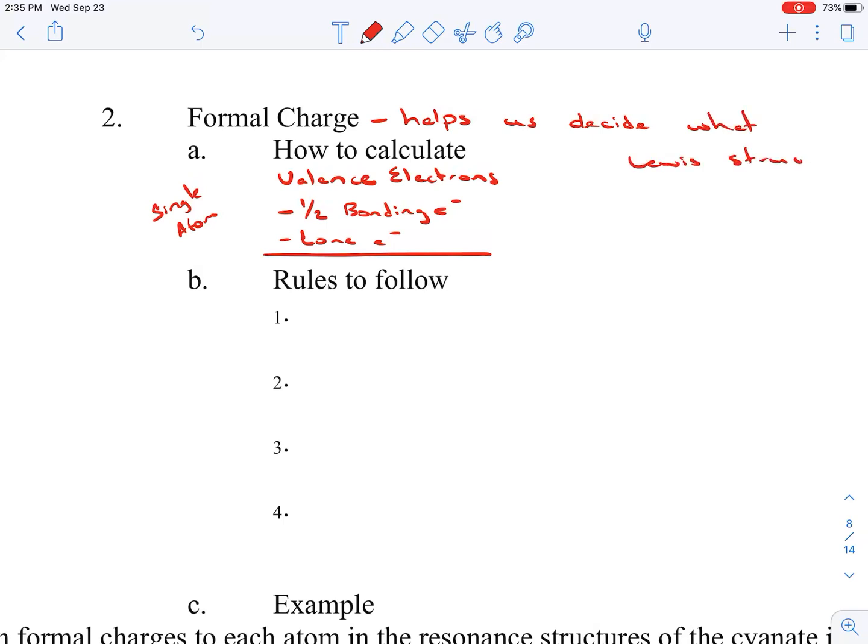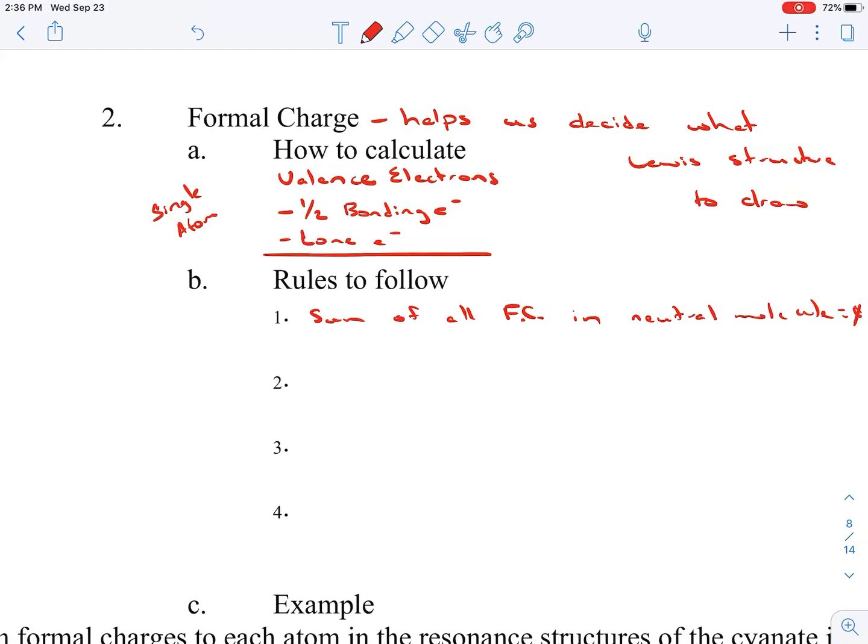And then there's some rules and regulations to follow here. First off, the sum of all formal charges, I'm going to abbreviate FC for formal charges, in a neutral molecule is 0, which makes sense.